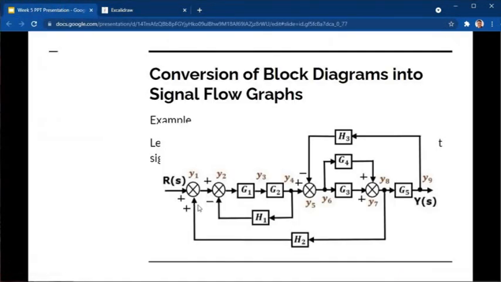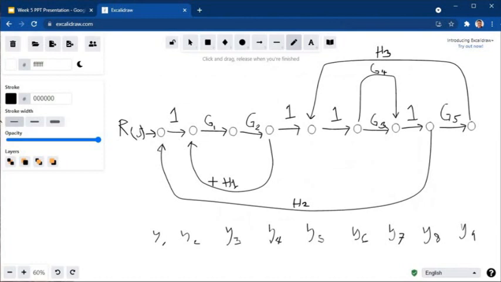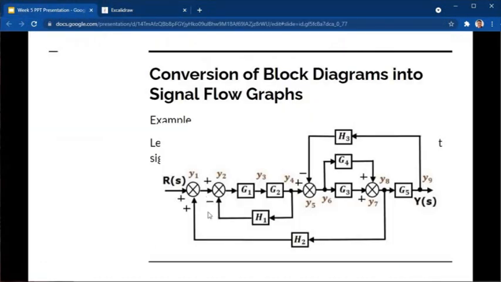For example, y sub 1 is a summing point. Both signals are positive. Y sub 2 is a summing point. The signal from y sub 1 is positive as stated in the block diagram, and the signal from y sub 4 is negative. That's why h sub 1 should be negative. I forgot this part.